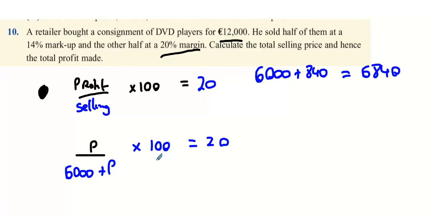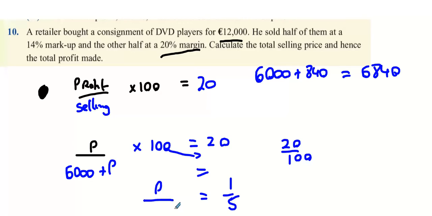Now multiplication of 100 becomes division of 100, so it's going to be 20 divided by 100, which is simply 1 over 5. So that's when we bring the 100 over the other side, and 20 over 100 is 1 over 5.